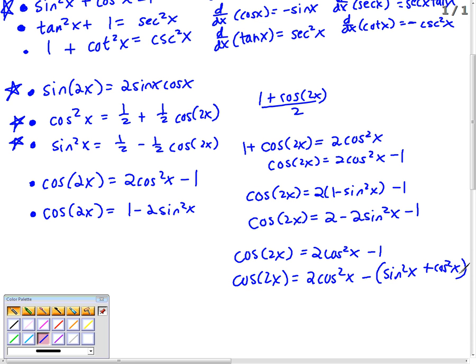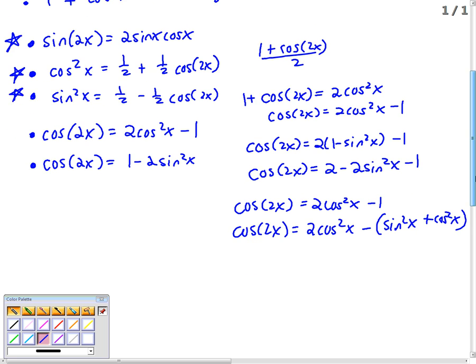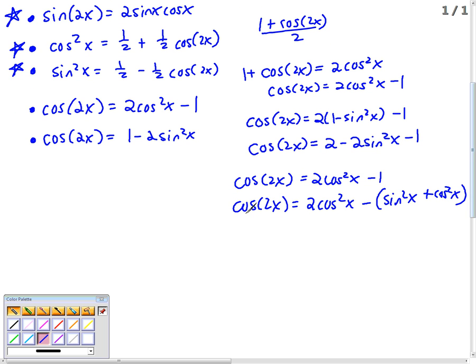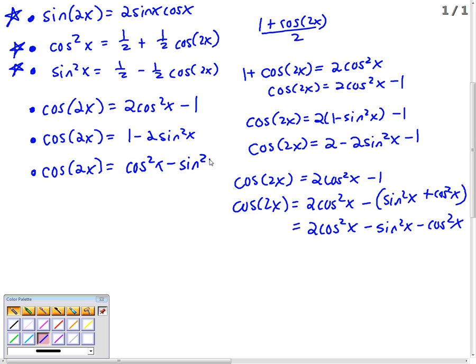So I can make that substitution. Clean it up. So 2 cosine squared x minus sine squared x minus cosine squared x. So if I clean that up, I get cosine squared x minus sine squared x. Does that make sense?